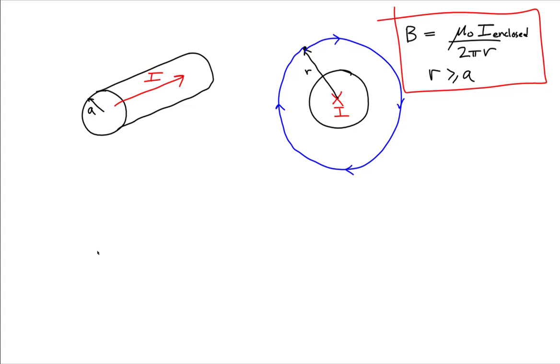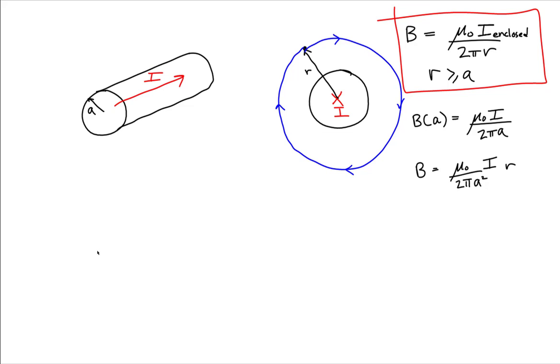Well, let's look at what we have now. If we look at the magnetic field at a distance of a, so basically on the surface of the cylinder, this would be equal to mu naught I over 2 pi a. Now let's look at our other formula that we derived previously. When we are at a point inside the cylinder, the magnetic field was equal to mu naught over 2 pi a squared times I r.